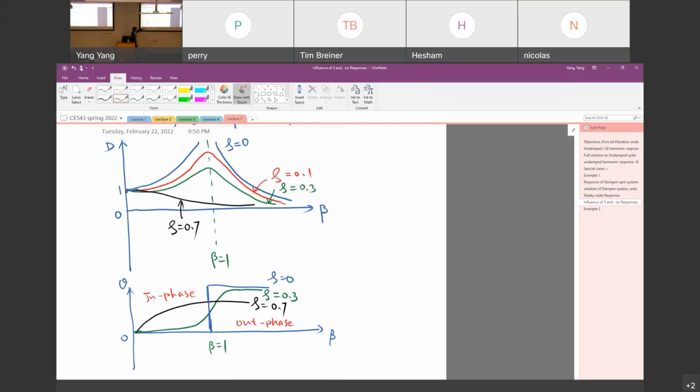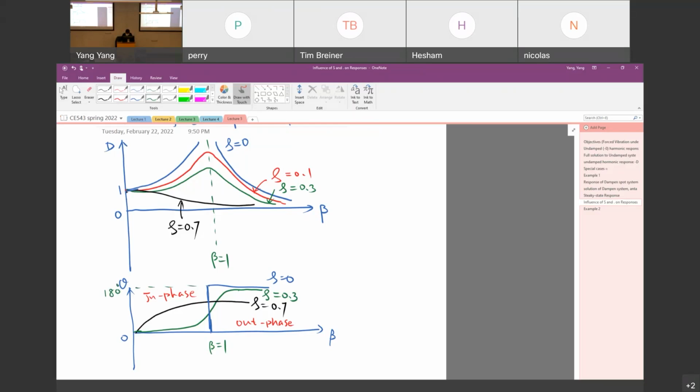So for different damping ratios, the theta value tells us whether it is in phase or out of phase.